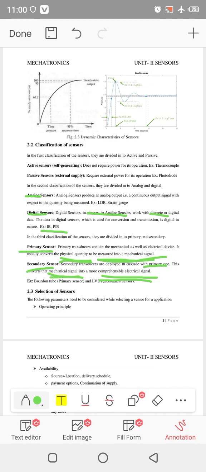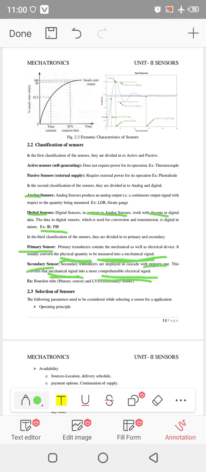The final one is primary and secondary. The primary one directly measures the detected physical quantities, and the second one, after detecting, transforms or transmits into other devices to detect or measure those quantities.